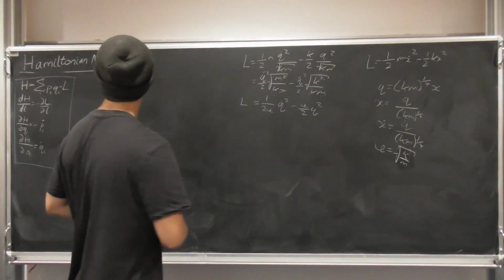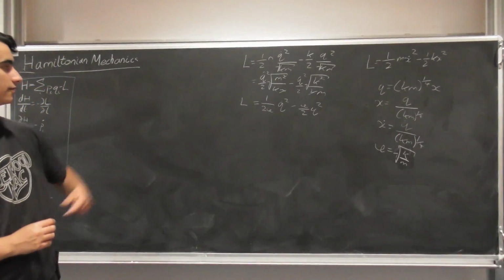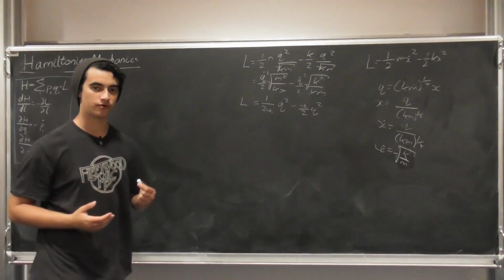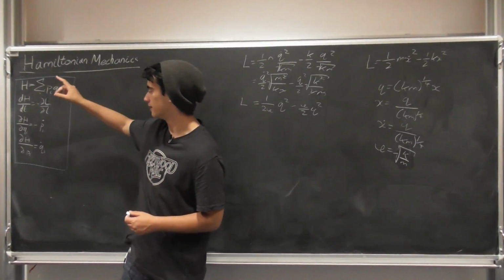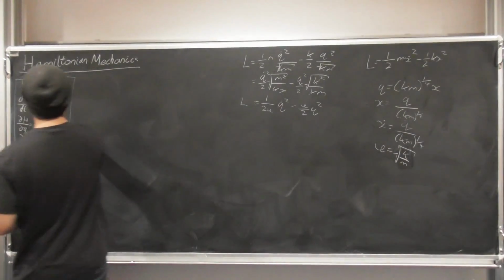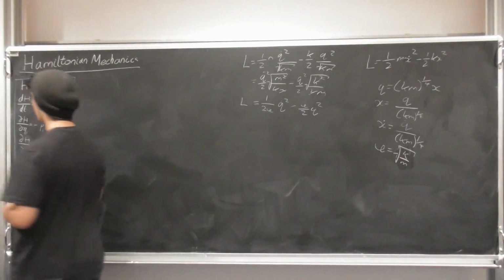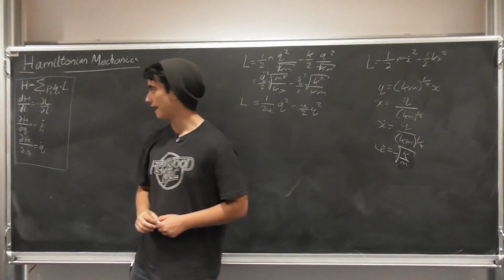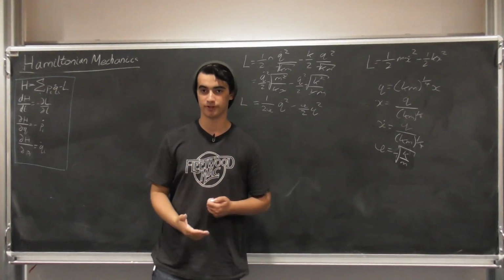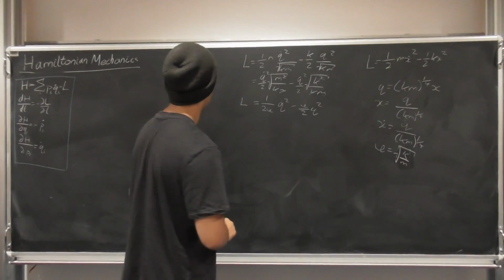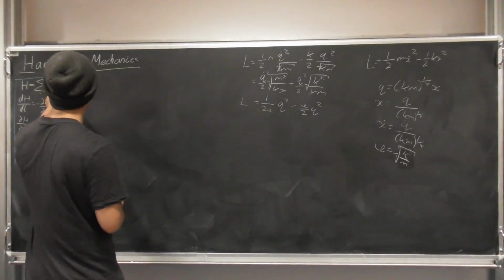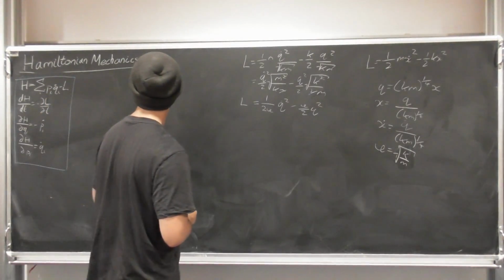Okay, so now that we have our Lagrangian, we remember that our Hamiltonian is defined as the sum over i of p sub i times q sub i dot, minus L, our Lagrangian. And in this case, because we're only dealing with one dimension, we'll have p times q dot. Right, so now we just need to make sure we know what p is.